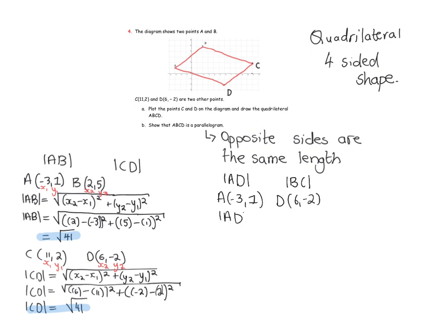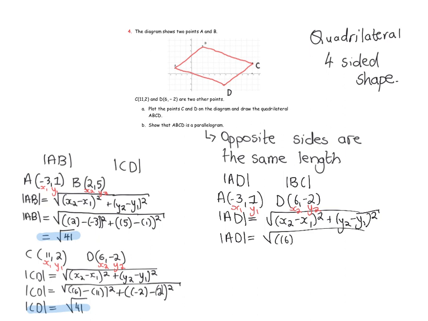To get the length of AD, we're going to use the formula on page 18 of the formula and tables booklet: x2 minus x1 squared plus y2 minus y1 squared. Again, I'm going to label the points now. So minus 3 is x1, y1 is 1, x2 is 6, and y2 is minus 2. Then for AD, we just fill it in. So it becomes the square root of x2, which is 6, minus x1, which is minus 3.